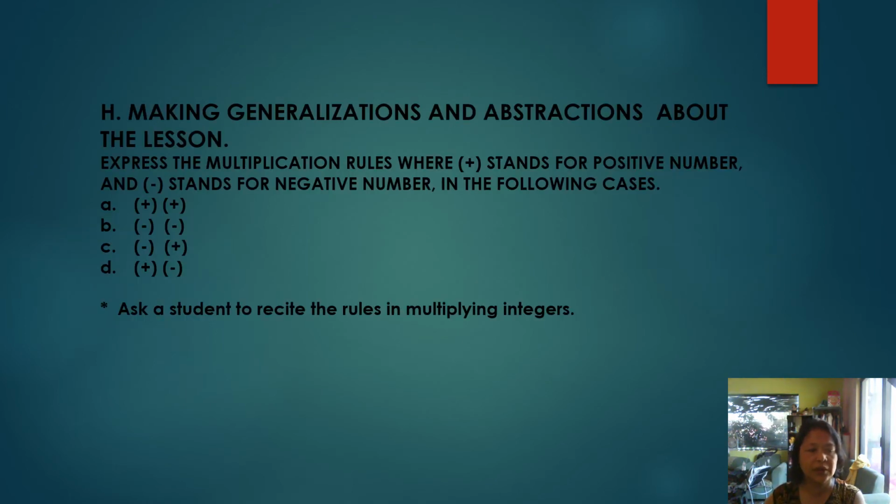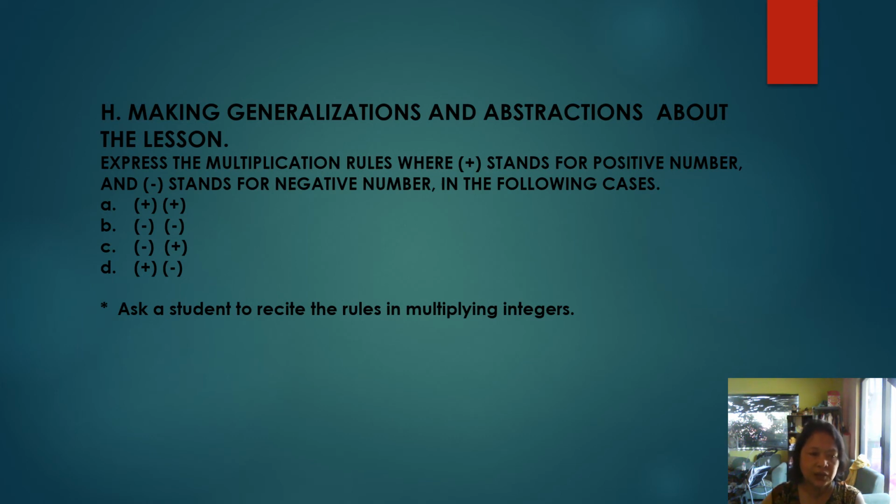So we have here letter H, making generalization and abstractions about the lesson. Express the multiplication rules where positive stands for positive number and negative stands for negative number in the following cases. A, positive times positive is equals to positive.